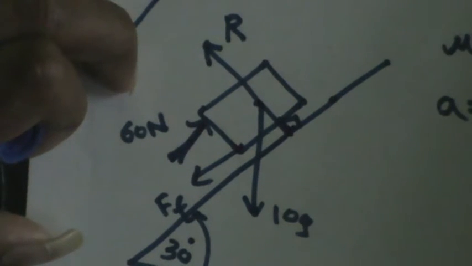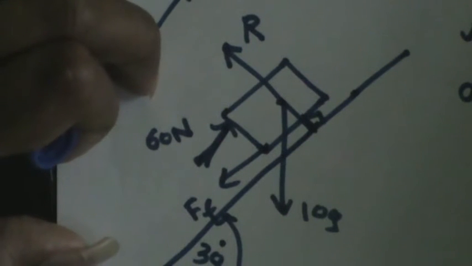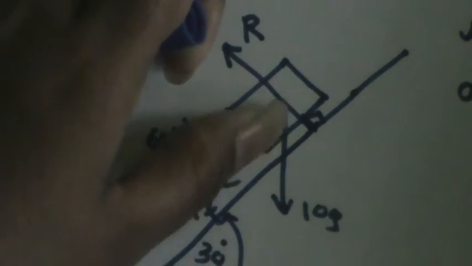That will be a great advantage if you do it before starting the sum. It will be easy for you if you draw all the forces. So I'll decompose this force into its two components, one along the inclined plane and the other perpendicular to the inclined plane.